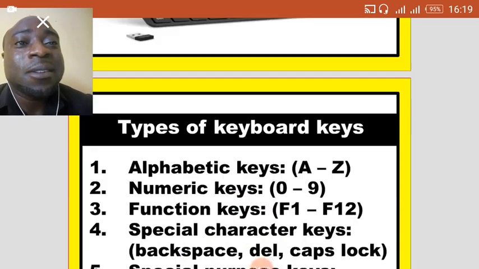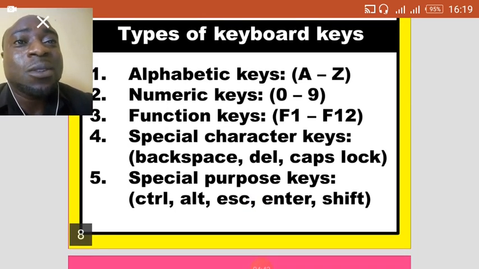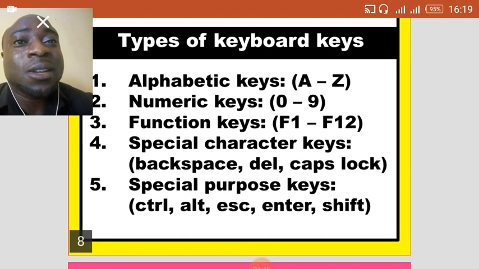All right, now the next thing I would like us to look at is the keys on the keyboard, and I will call the names for you. The keys on the keyboard are divided into 5 major types.